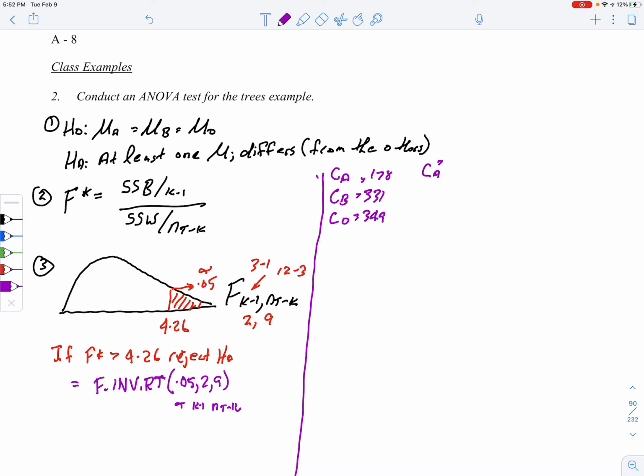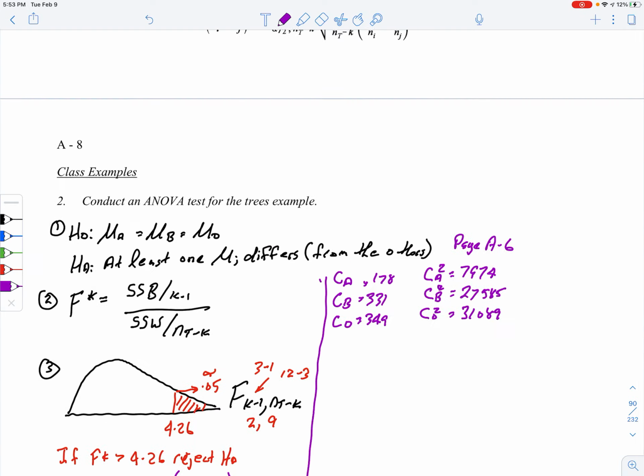And then the CA squared values, the CB squared values, and the CO squared values are 7974, 27,585, and 31,089. And this was from page A6.